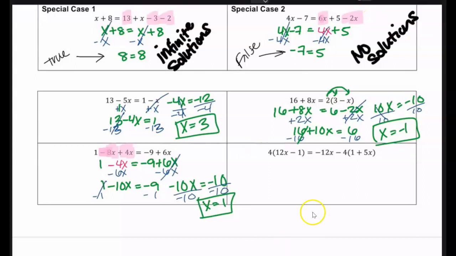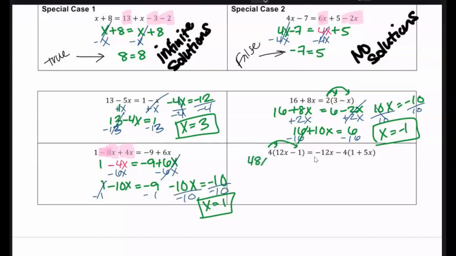This problem, you might say, ooh, Miss Fuentes, that looks difficult. This is how they're going to look on the STAAR. They get this difficult on the STAAR. So make sure you can get up to this level of a problem. So you start off with the first one, which is distribution. In fact, there's distribution on both sides. Hopefully you know what 4 times 12 is.